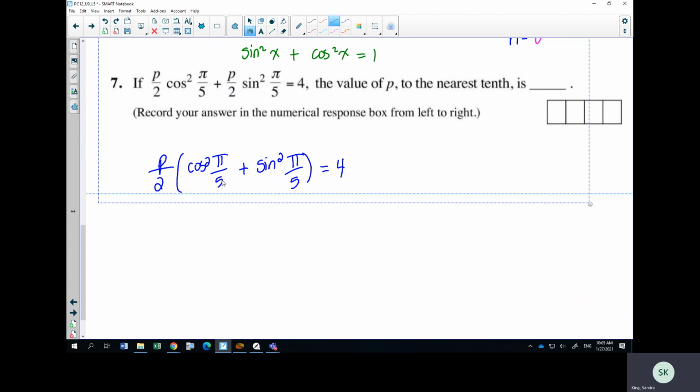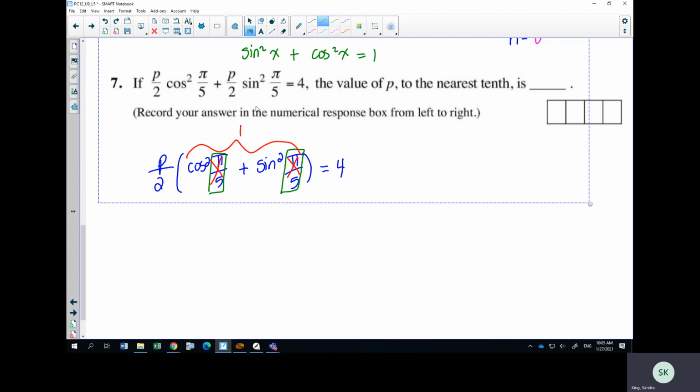What they've done is they've just said, well, let x equal pi over 5. It doesn't matter what x is, but this is what they chose x to be. So just imagine that this is our x. So it's cos squared of x and sine squared of x. Even though x is pi over 5, this identity is 1.